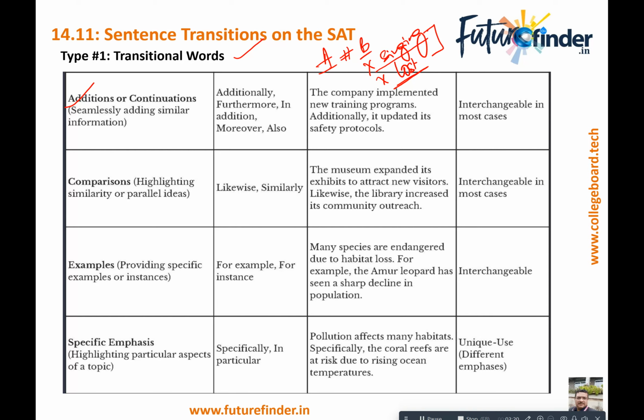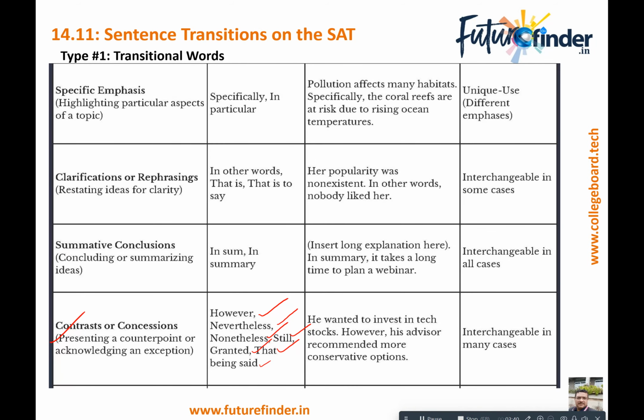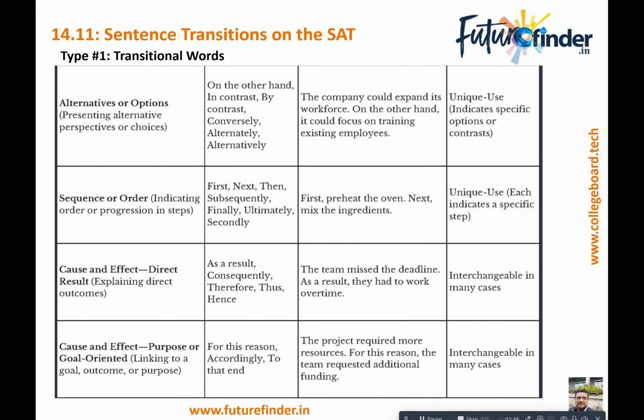So for these transition questions, the first thing we are going to do is establish the relationship between part A and part B. We have to establish the relationship before we can go and find some words. These are the words for various scenarios like additions, comparisons, examples, specific emphasis, clarifications, summative conclusions, and alternatives.